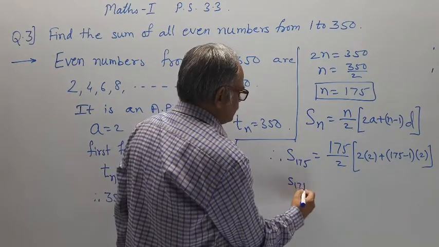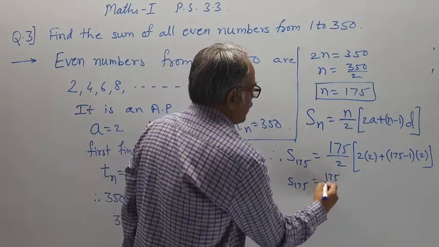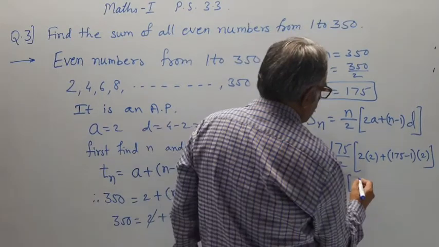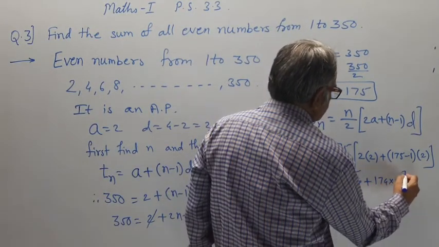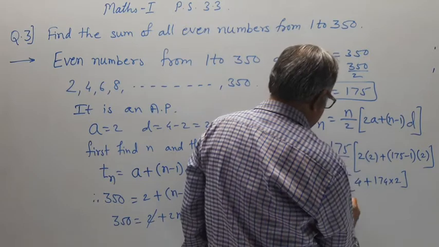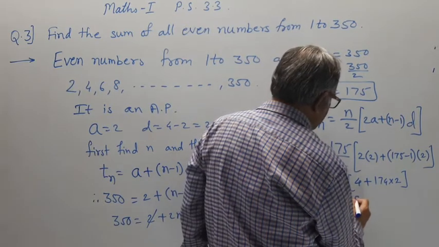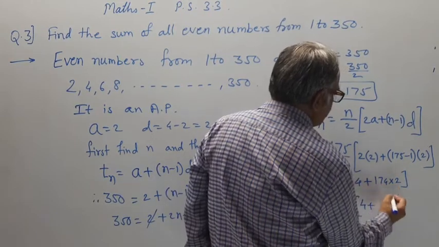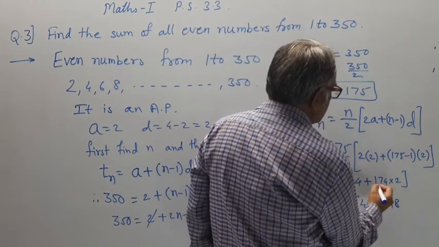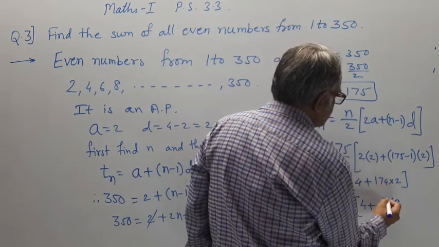S175 is 175 upon 2 into bracket 4 plus 174 into 2. 175 upon 2 into bracket 4 plus, 2 4s are 8, 2 7s are 14, 2 1s are 2, and that 1 from 14 is 3.